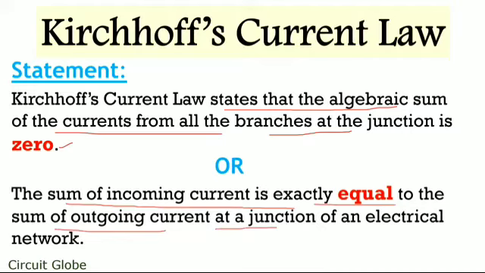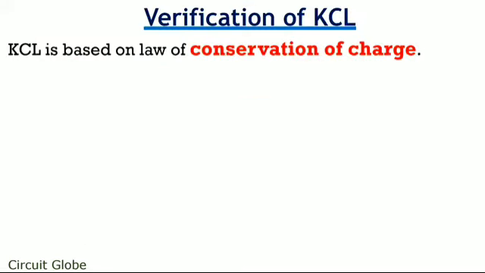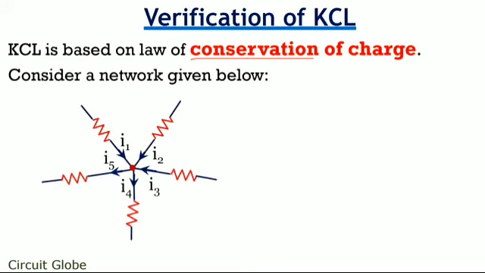All charges that enter a given junction in a circuit must leave the junction, since charge cannot build up or disappear at a junction. Current entering the junction is taken as positive and current leaving the junction is taken as negative. The current rule is based on the law of conservation of charge.